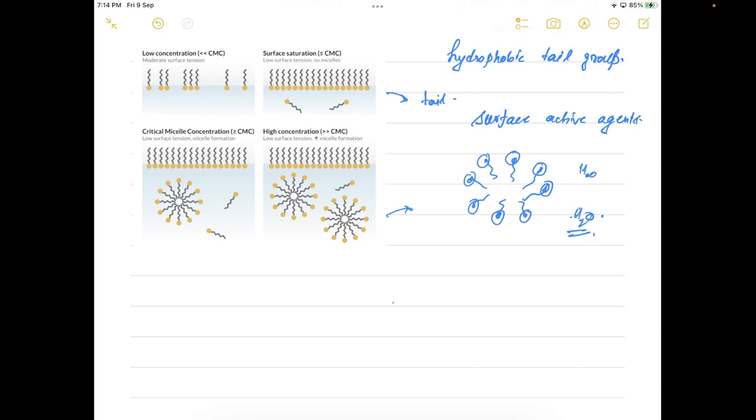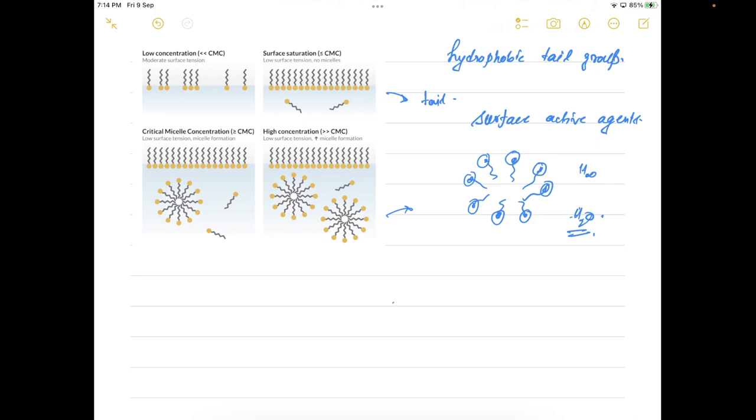The hydrophobic tail groups, which try to avoid the water molecules, form a cage type formation, avoiding interaction with the water. These are called micelles.